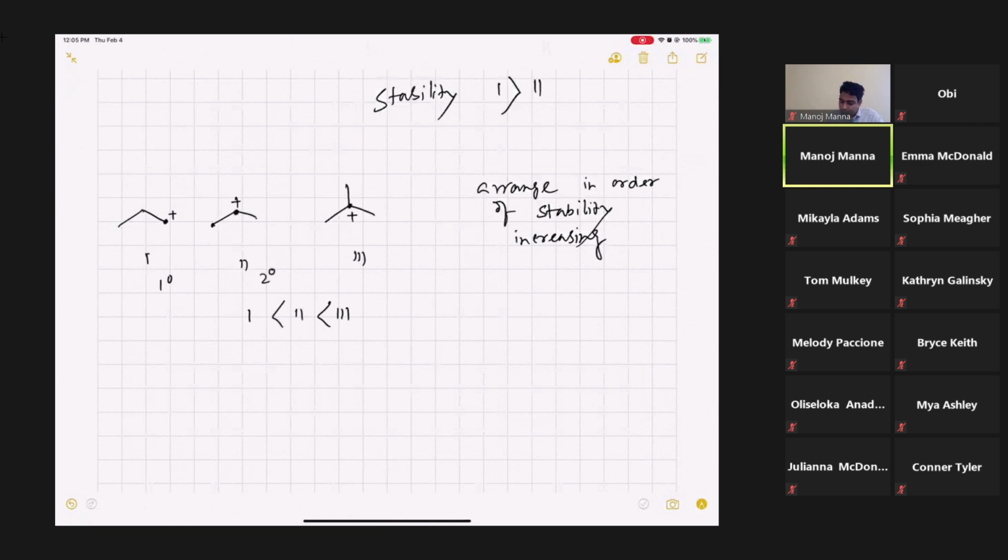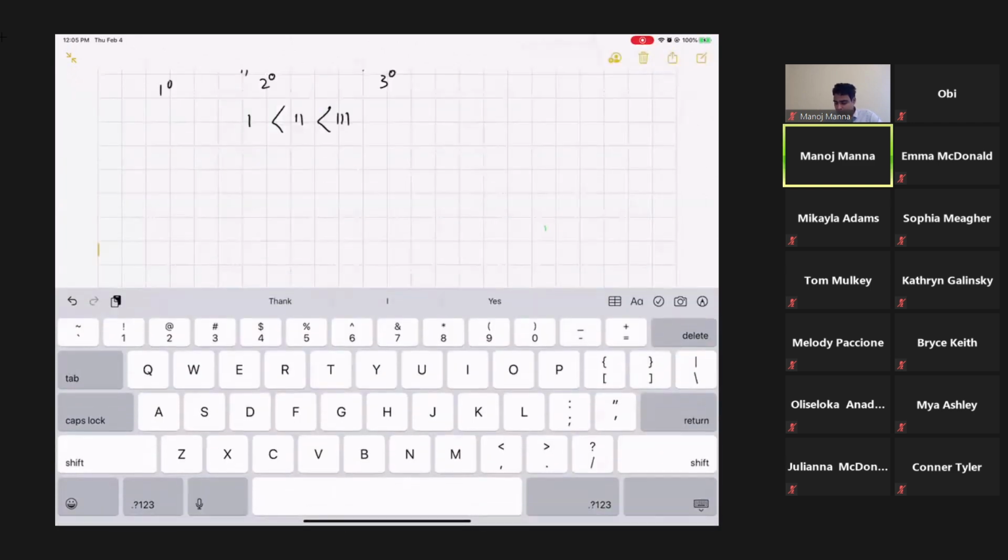And here the carbon bearing the positive charge is connected with 3 carbon atoms, 1, 2, 3, that means this one is 3 degree. So if you want to arrange these three in increasing stability order, 3 is more stable than 2, and 2 is more stable than 1. That's the correct order.